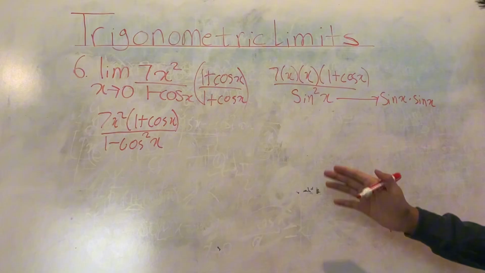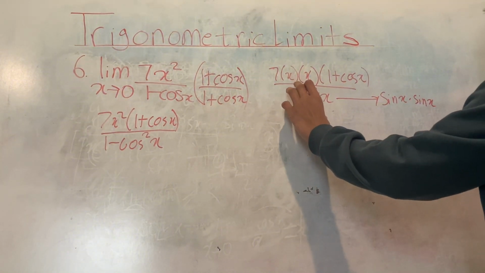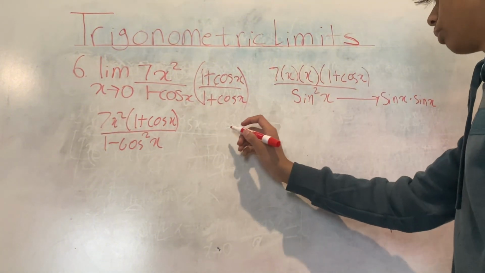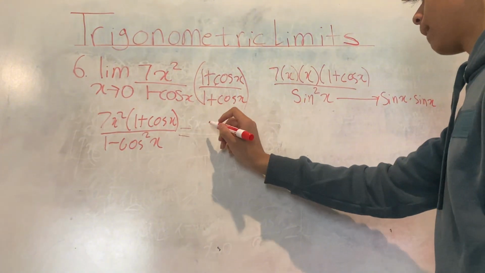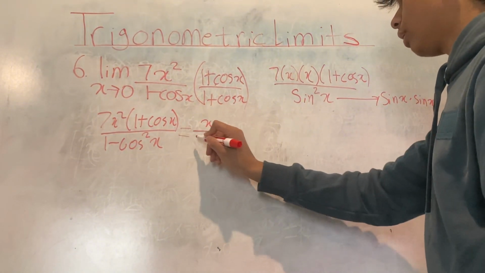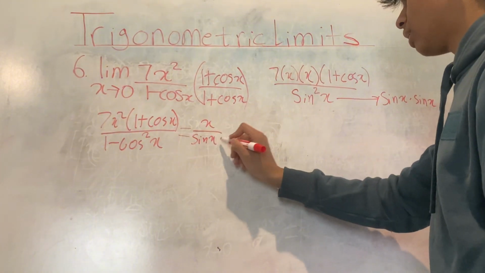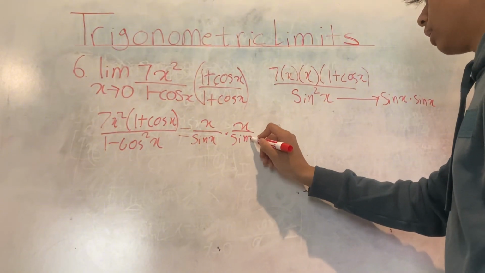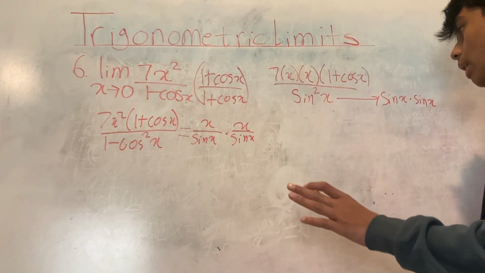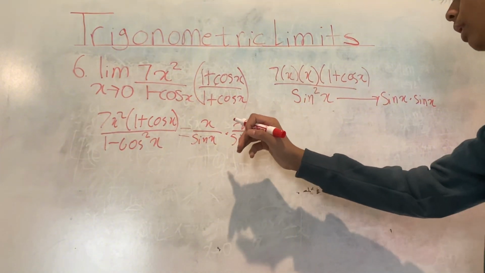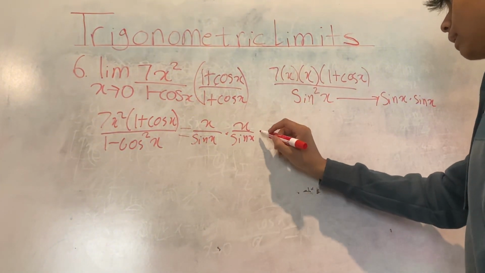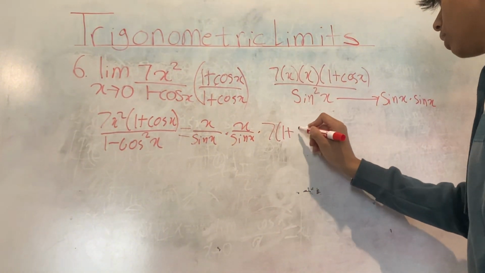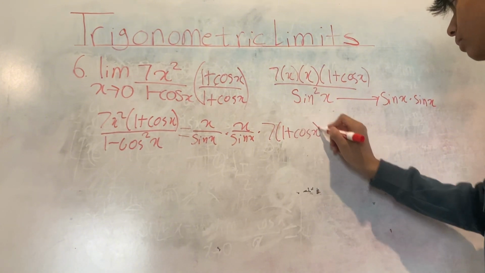So what we're going to do is split apart so that x is in the numerator of the sine function. So let's say this is equal to x over sine x times x over sine x. And see, I'm not changing the function at all. I'm just rearranging it so we can isolate the sine x. And then now we can just multiply 7 times 1 plus cosine x.